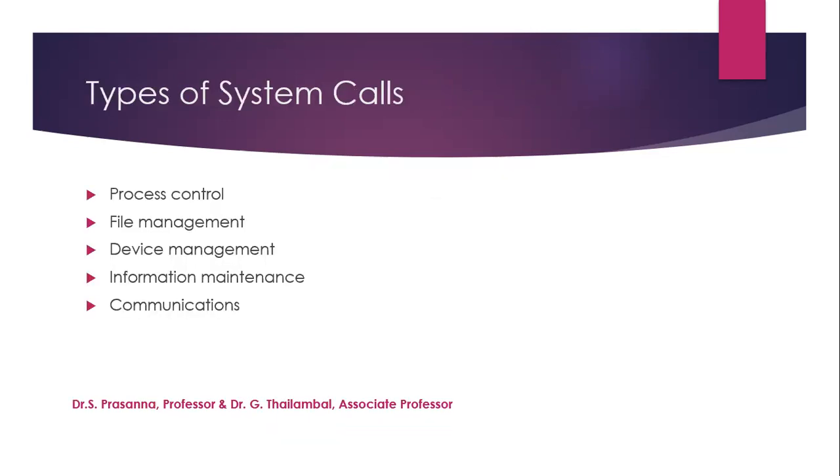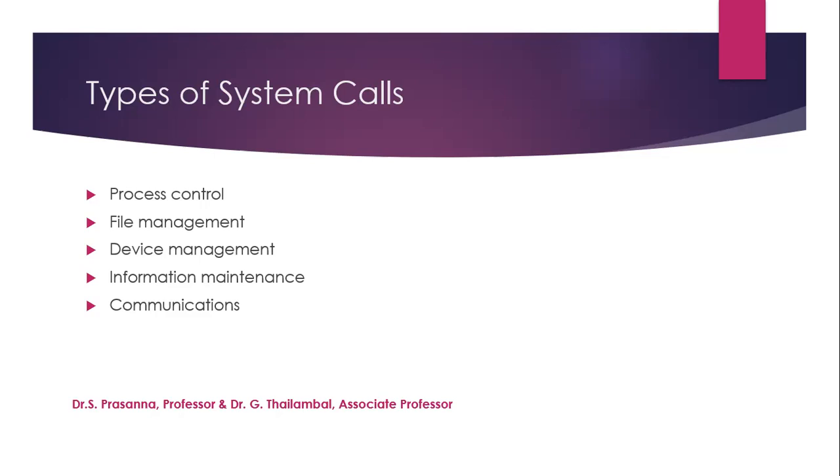The types of system calls are process control, file management, device management, information maintenance, and communications. Which means when you do process control, a system call will be generated. When you do any file management, a system call will be generated. When you do any device management, a system call will be generated.